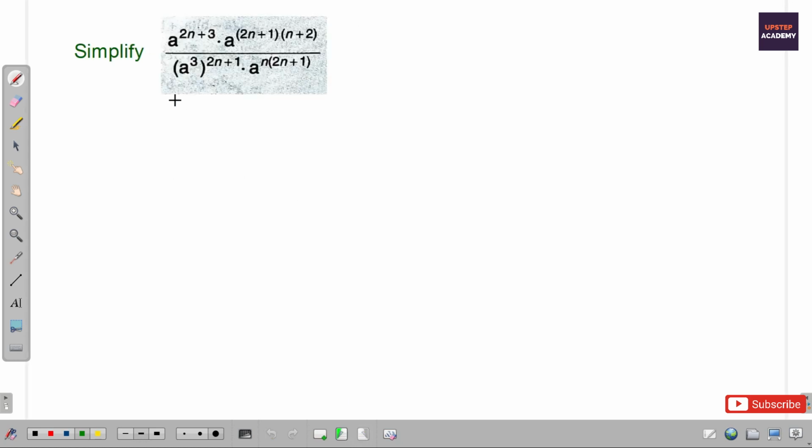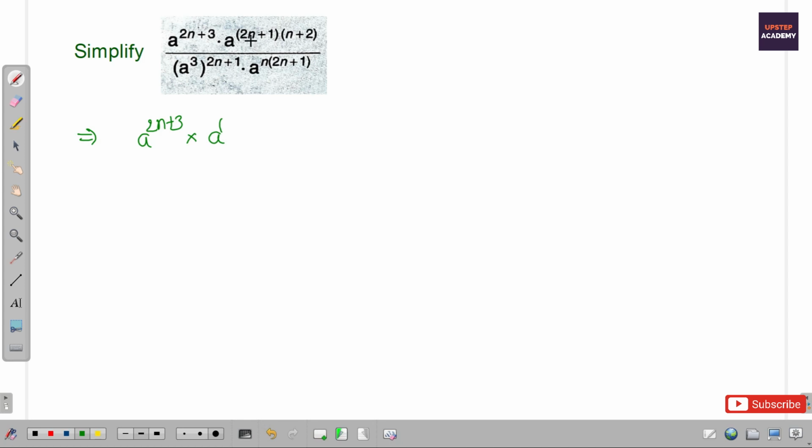Here is our next example. A to the power twice n plus 3 into a to the power twice n plus 1 into n plus 2, divided by a to the power 3 twice n plus 1, a to the power n into the bracket twice n plus 1, right? So let's begin with our numerator. A to the power twice n plus 3 remains as it is, into a to the power. Let us solve these two brackets.